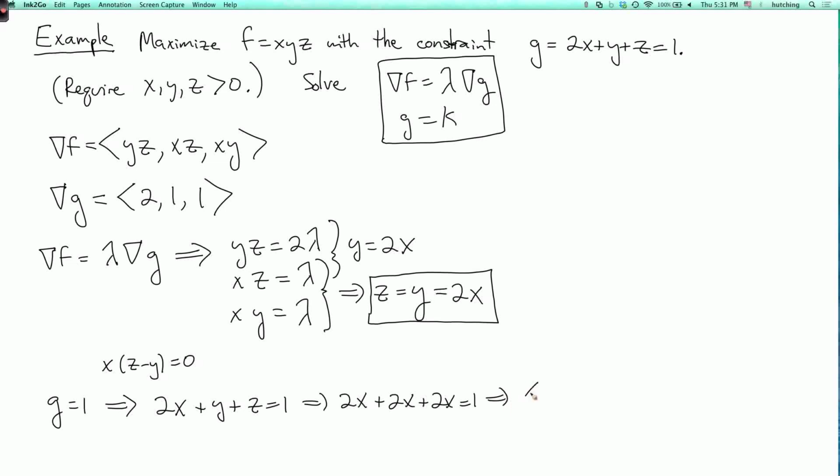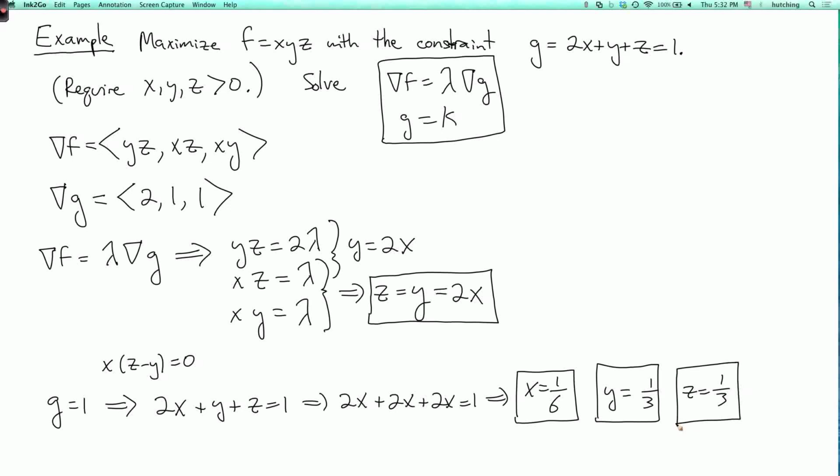So x equals 1/6. And now using these equations from before, I get y and z are twice that. The y is a third, and z is a third. So this is the same solution we got before, and the maximal value of f is 1 over 54.